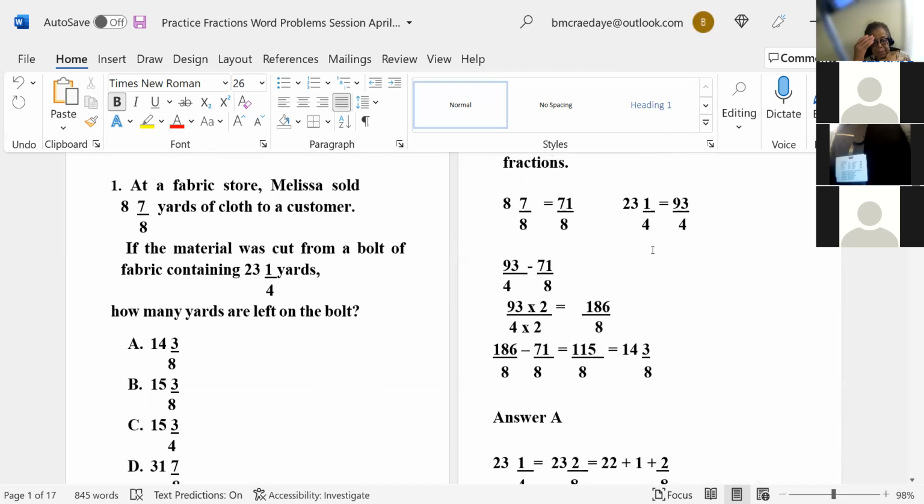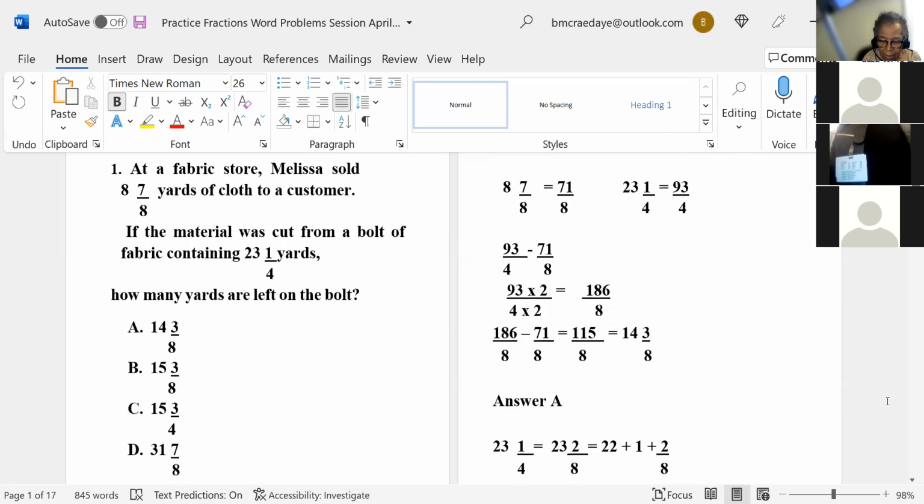Okay, that's why I do that one first, because sometimes students have a problem understanding how to break a number up with fractions, taking a whole out of the number. But it's good to see more than one way of doing a problem. Yes, exactly. That's true.